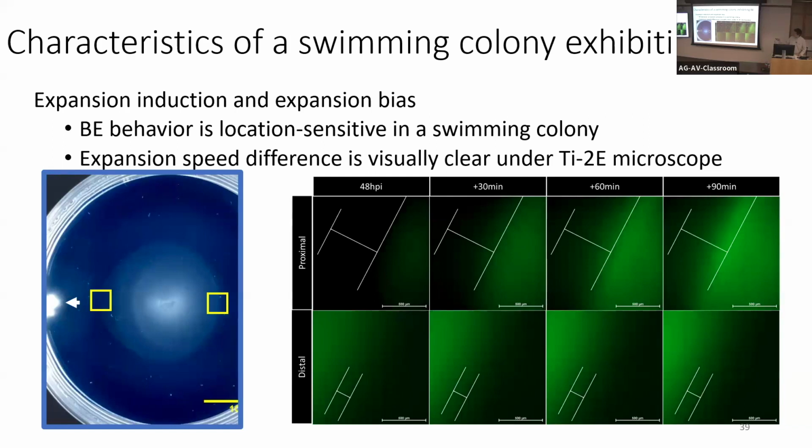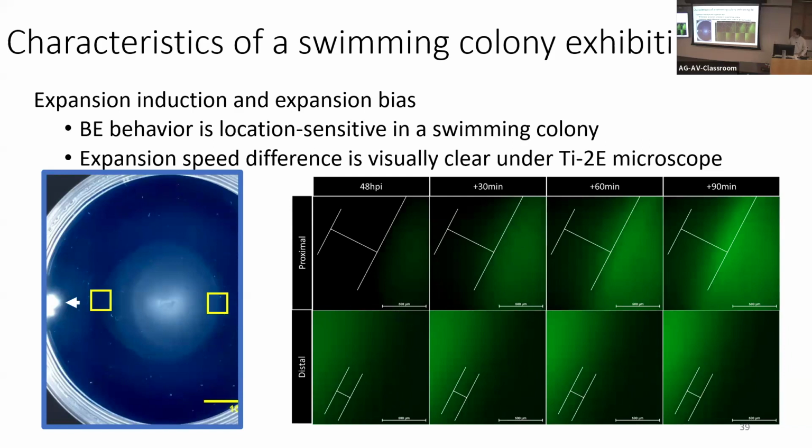But also, you can see the movement of the cells. It might be a little bit hard to see at this resolution, but the first white line is where I marked the initial edge at the beginning, 48 hours post-inoculation. And this line here is where I could, at a higher resolution, find the edge of this colony.